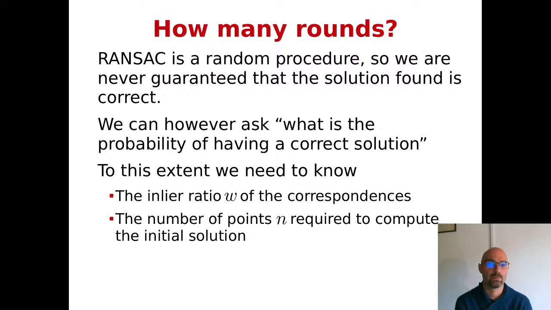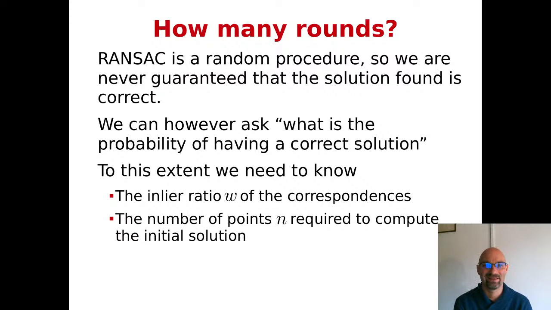A question that pops naturally at this point is, how many rounds do I have to run RANSAC for? Clearly it's a probabilistic algorithm, so how many rounds for what? How many rounds? I would say infinite rounds, just the default solution.